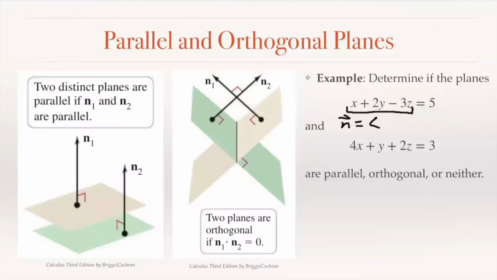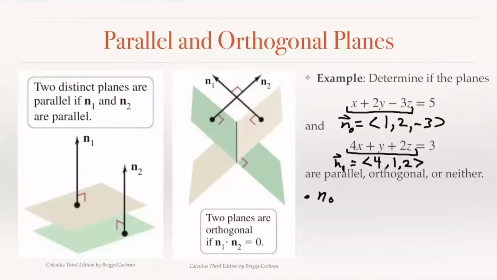So the normal vector here is 1, 2, minus 3, and the normal vector here is 4, 1, 2. And I know I keep habitually saying the normal vector. Again, you should keep in mind it's a normal vector, but still. Okay, so are these two scalar multiples of each other? Let's call these n naught and n1.